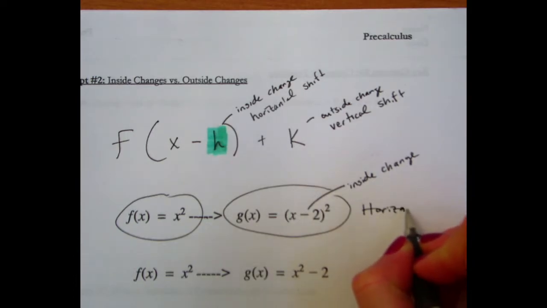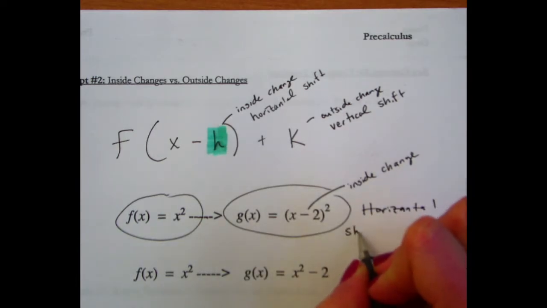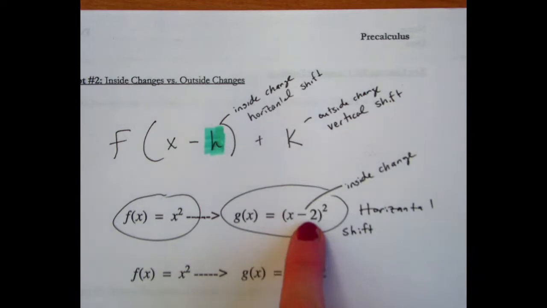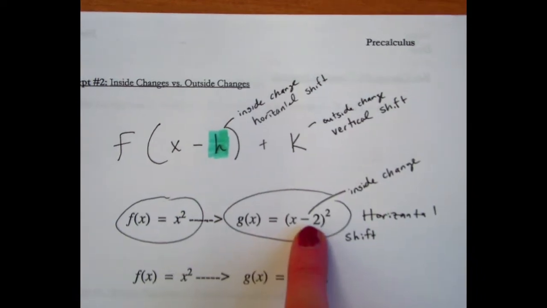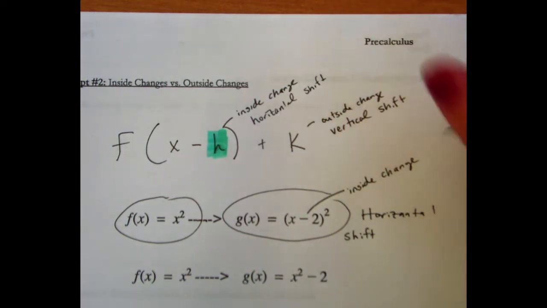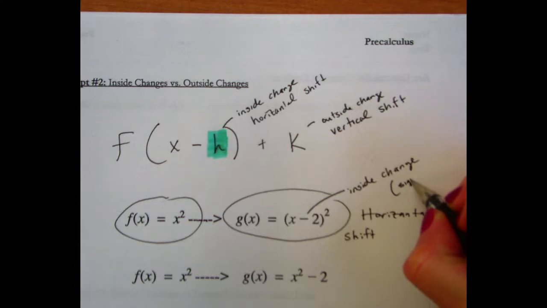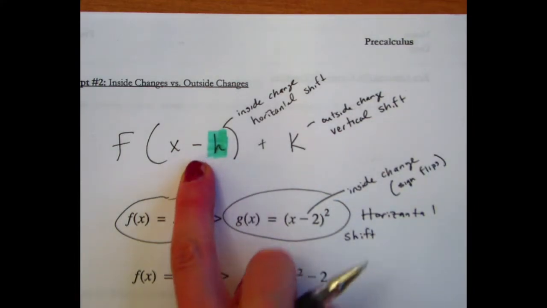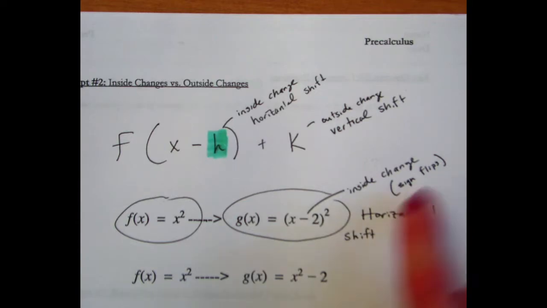It's a negative, so we might be tempted to say it shifts left, but remember, for inside changes, the sign actually flips. It's because of this negative here that the sign flips. So it's actually going to be a horizontal shift right by 2 units.